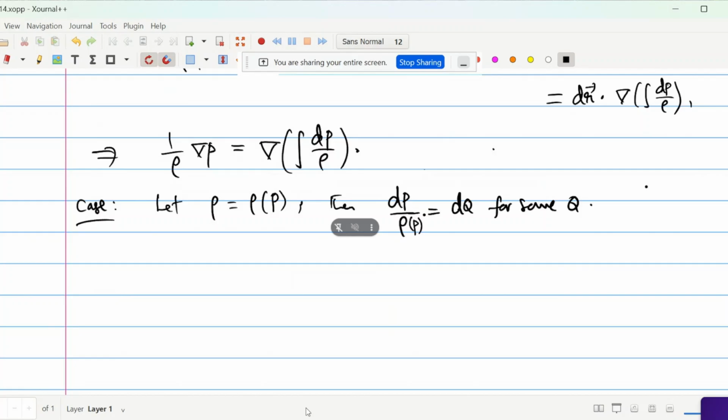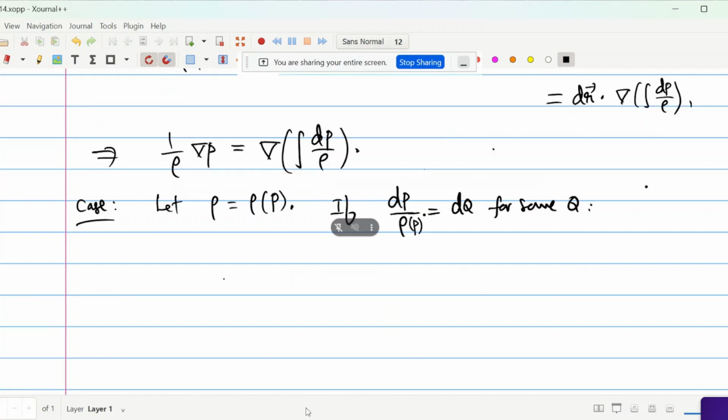Let us say this is some q, for some function q. If this is integrable, dP by rho is integrable, that means we are writing it as a derivative of something, a perfect integral. How do you write this?